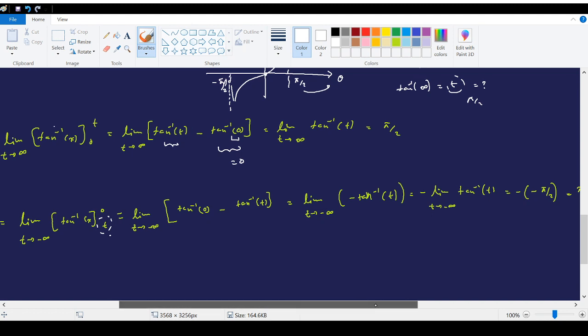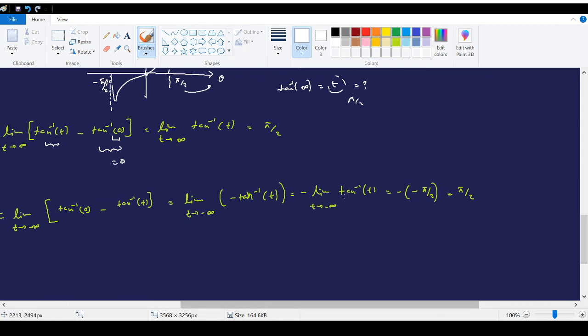And then here we get, for this one, using a similar argument, 0, and for this one we should substitute t equals negative infinity.